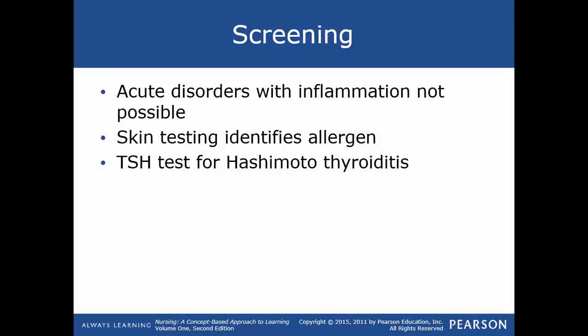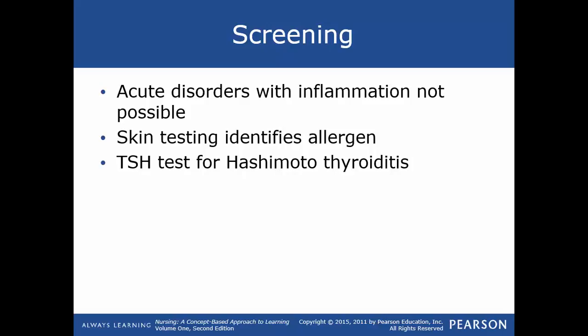All right, so screening for acute disorders with inflammation is usually not possible. There is no screening test for those. Skin testing will identify the allergens that they are sensitive to.